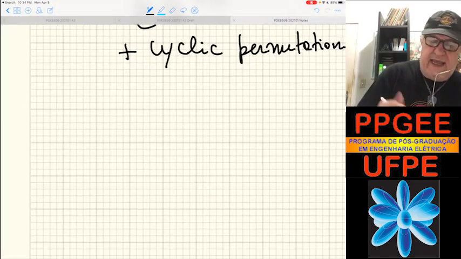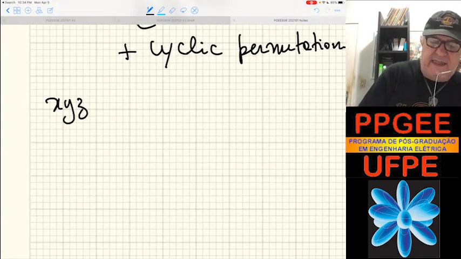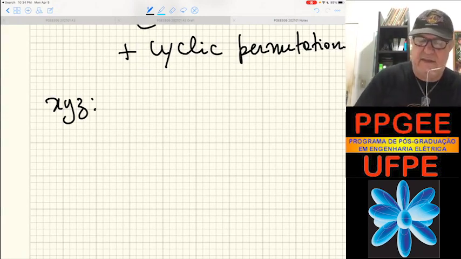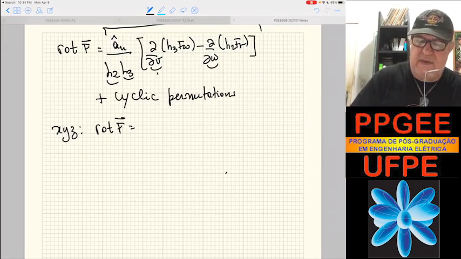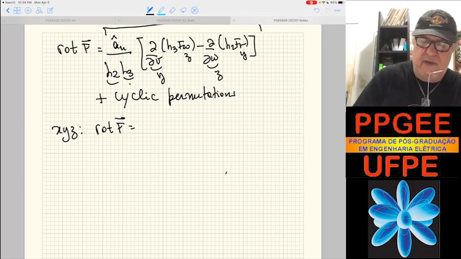For instance, in XYZ coordinates is the easiest expression, right? All H's are equal to 1, so this is Y, Z, Z, Y. So this is 1.